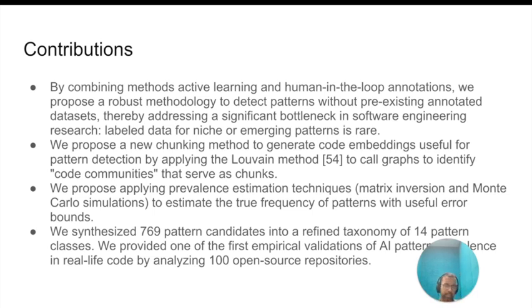The third is we use prevalence estimation to estimate the true frequencies. So we identified 769 pattern candidates, defined 14 pattern classes, and estimated their prevalence using 100 open source repositories.